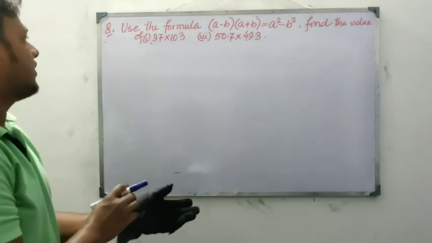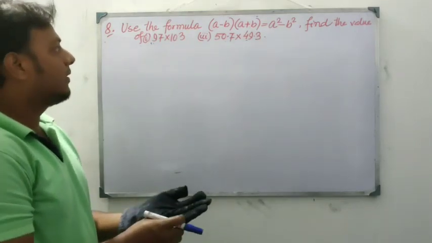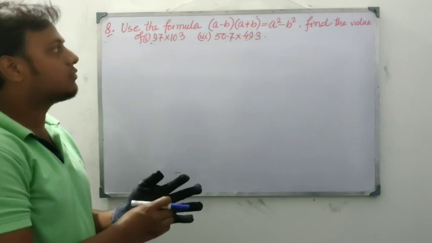Next, see problem number 8. Use the formula (a minus b) into (a plus b) equals a square minus b square.